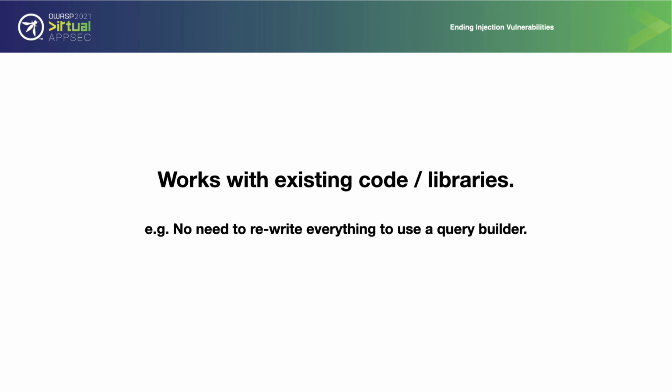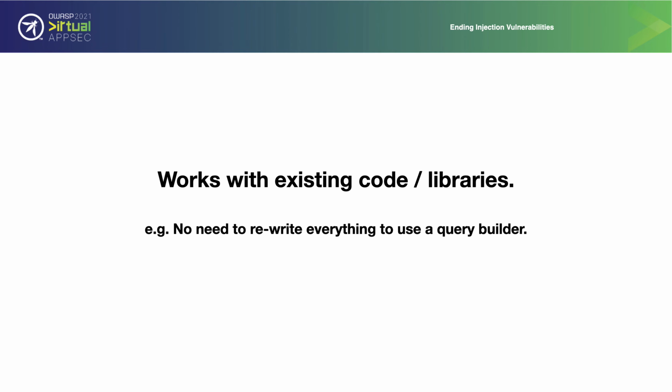And this is probably the most important: it works with existing code and libraries. A lot of libraries and a lot of code already exist, and we don't want to have everyone rebuild everything with query builders and things. This is the argument about, do you support concatenation or not? If you don't support concatenation, it can help with debugging.